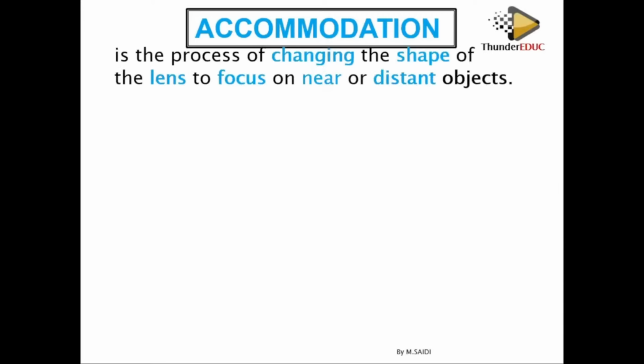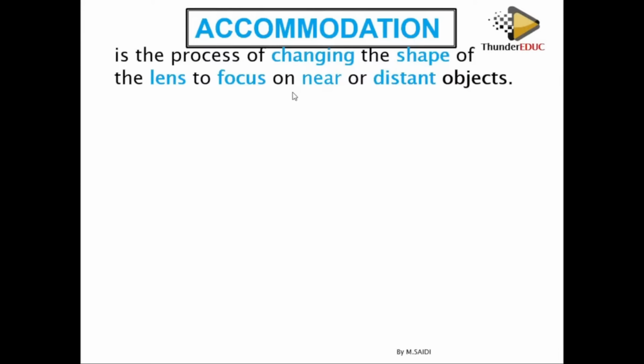So this makes us go to what you call accommodation. When we talk about accommodation, we don't mean the accommodation where you stay, no. Here it is the ability of the eye to see near and far objects. It means that the eye is supposed to change the focal length of the lens so that it can see near and far objects. It is the process of changing the shape of the eye lens to focus near and far objects.